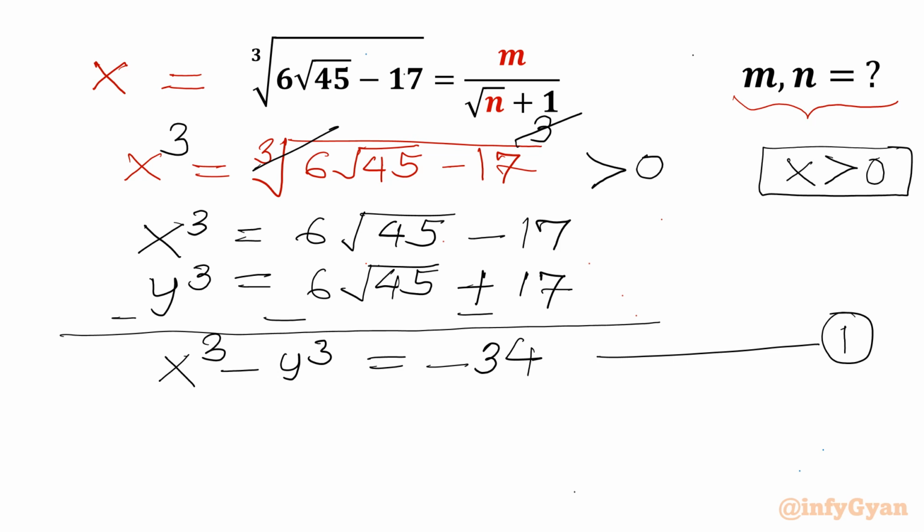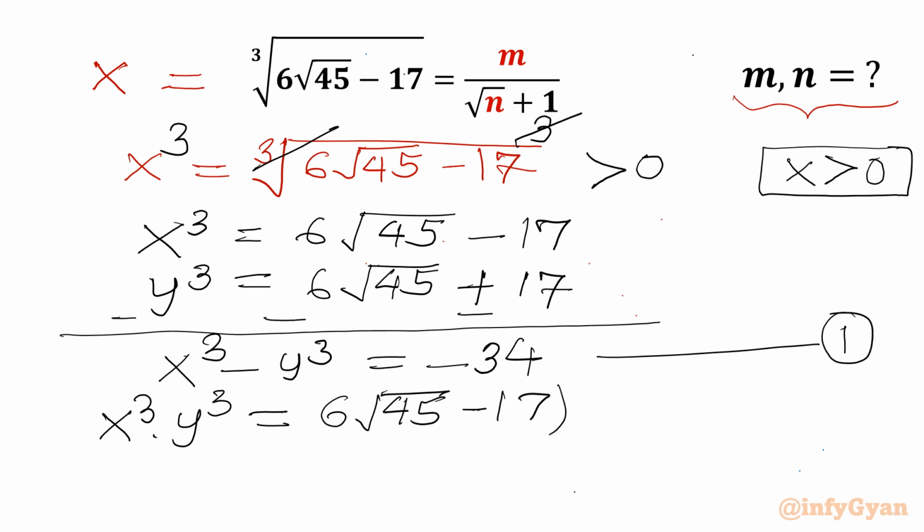Now I will take product of x cube and y cube. Let's check what will come out. 6 square root 45 minus 17, this is x cube, y cube, 6 square root 45 plus 17. So a minus b times a plus b, we will apply the difference of two squares formula.